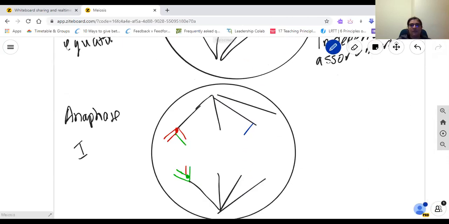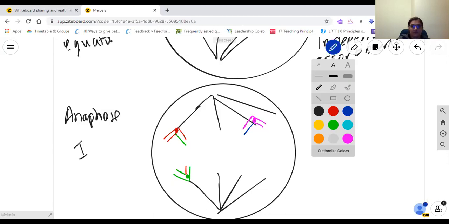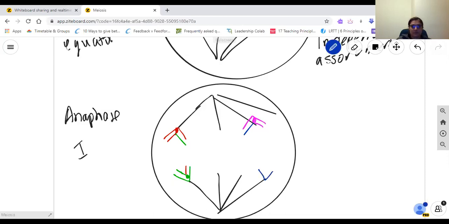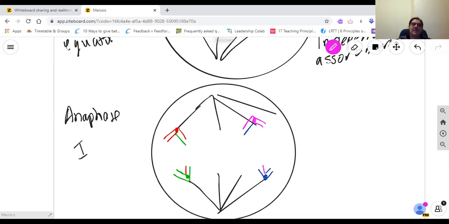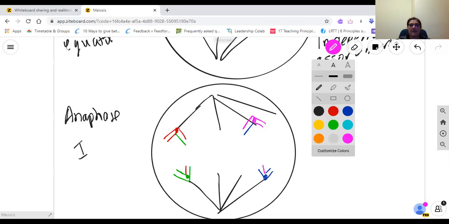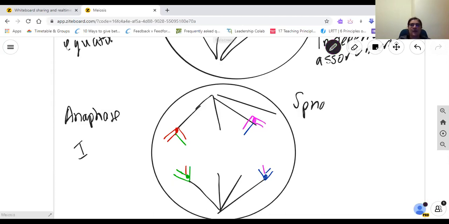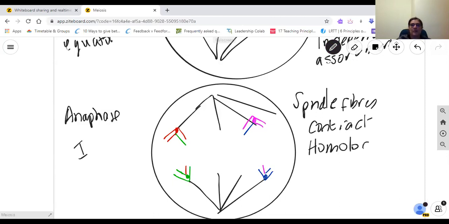So my pink one will go off over here. And we have separated our homologous pairs. So the spindle fibers contract, and homologous pairs are separated.